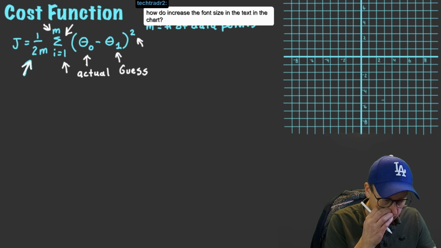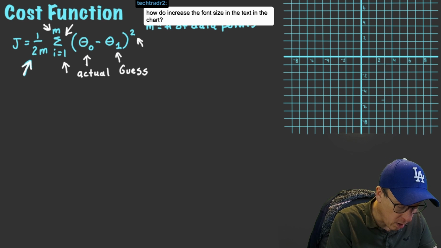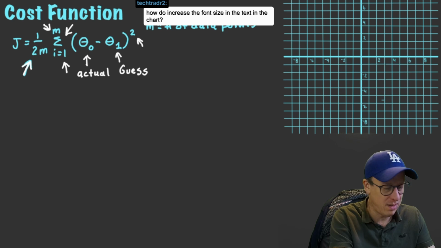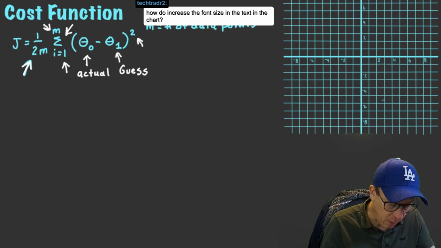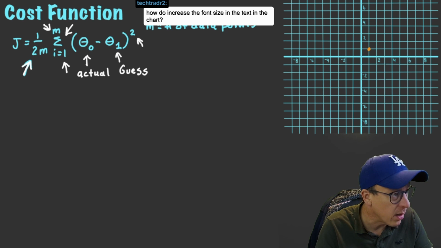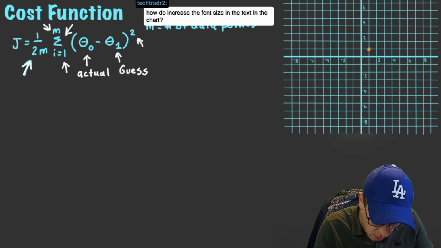All right, so here we are, and in our circumstance, we are going to have 3 data points instead of that mammoth group of data points. Doesn't matter. Our data points are going to be at 1, 1, so right here. Another one is going to be at 2, 2, right here.